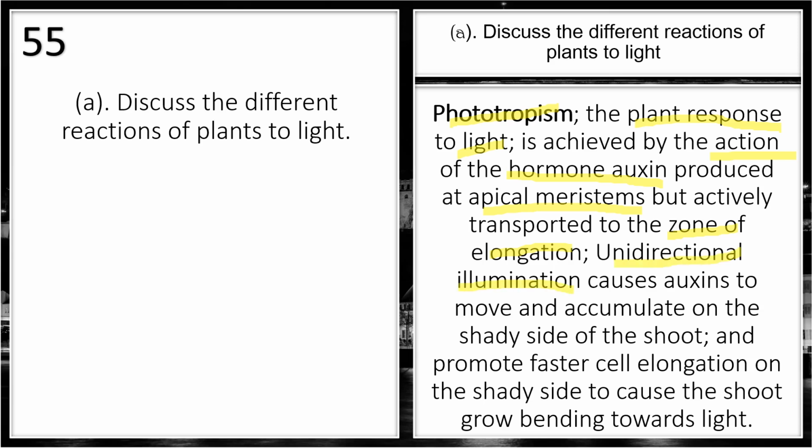Unidirectional illumination causes the auxin to move and accumulate on the shaded side of the shoot and promotes faster cell elongation on the shaded side to cause the shoot to grow bending towards light.